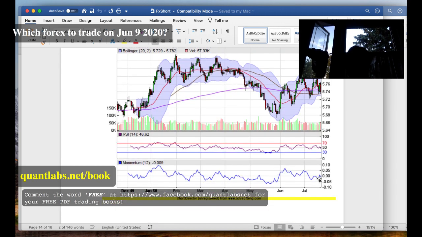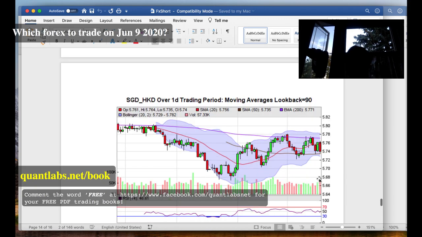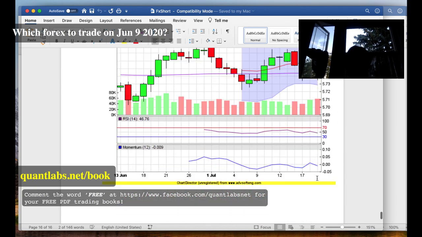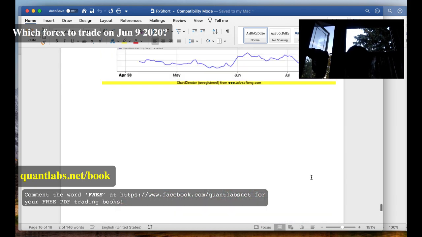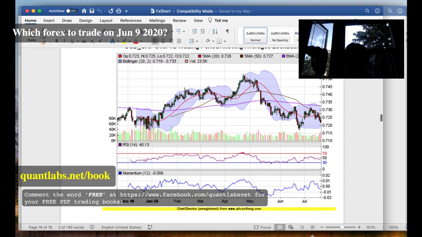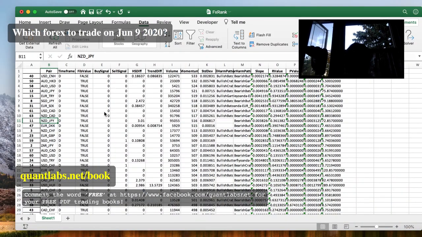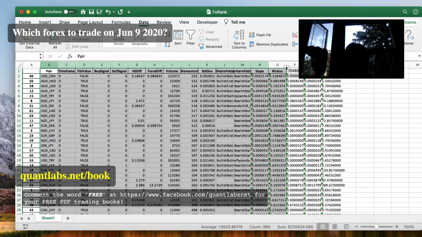It is slowly, so we have a bearish, bullish, two bullish signals. Historically, the momentum is weakening, but I don't think it looks like it's going to drop down. But what we can look at is the spreadsheet. So we sorted this by momentum.